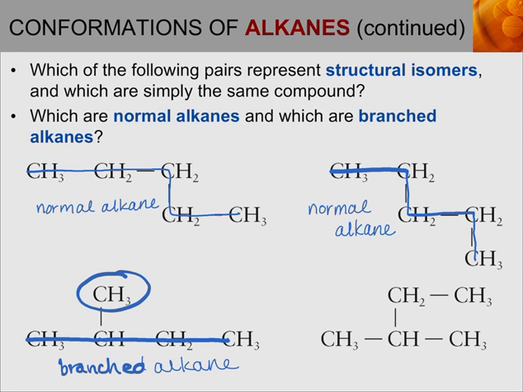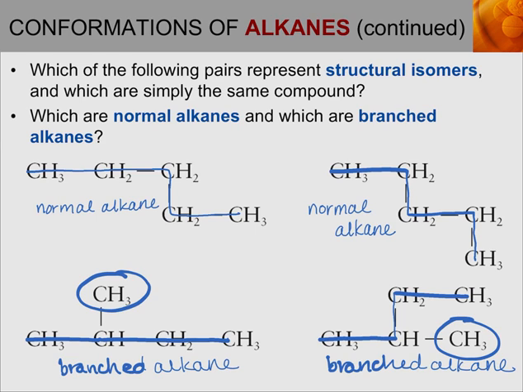All right, and let's do the same with the last one. Okay, so I was able to draw a line through 4 of the carbons, but I couldn't draw a line through that last carbon, so this is also a branched alkane. Now, you might be able to tell whether something's normal or branched just by looking at it.